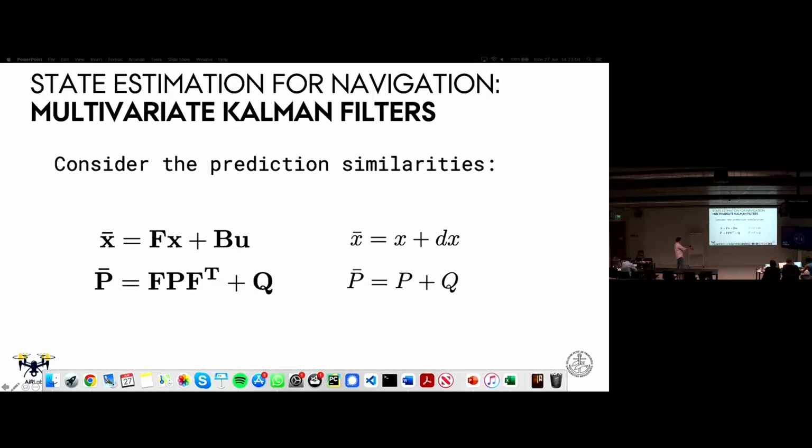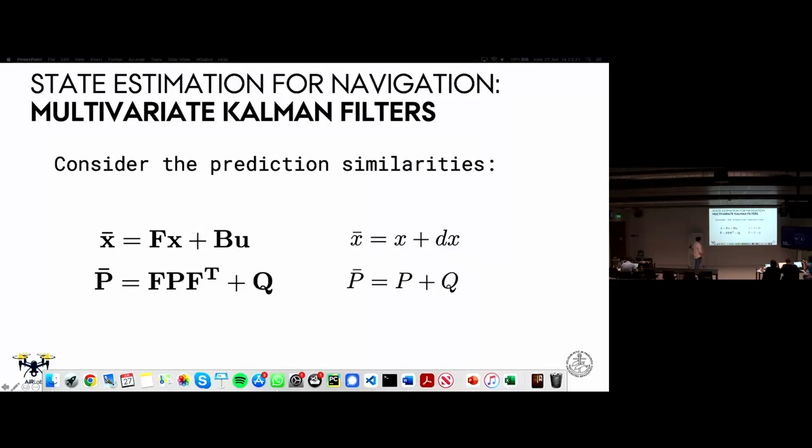When it comes to prediction, you're basically doing the same thing. If you have a state and you'd like to see how the state changes with time, this is exactly what is encoded by the state transition matrix that we've defined before, F. Also, this accounts for the fact that you have some form of control input. Unfortunately, in the univariate case, I didn't define that.